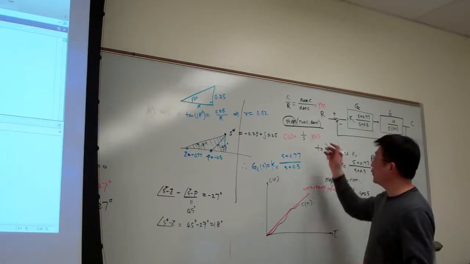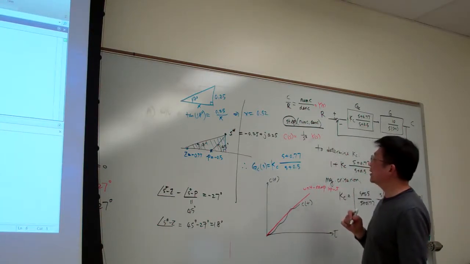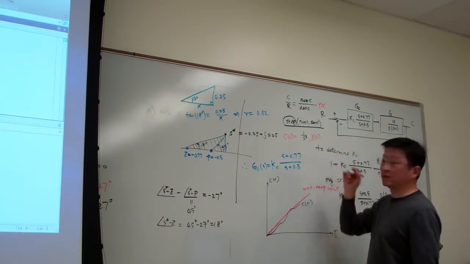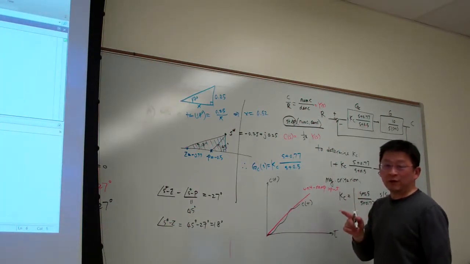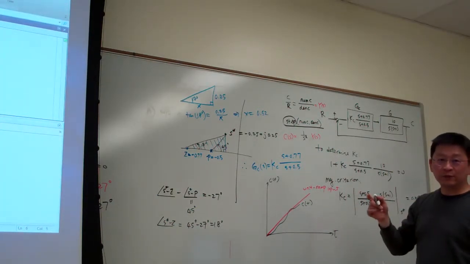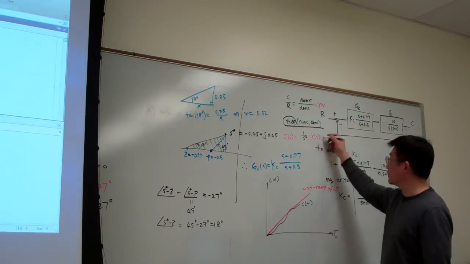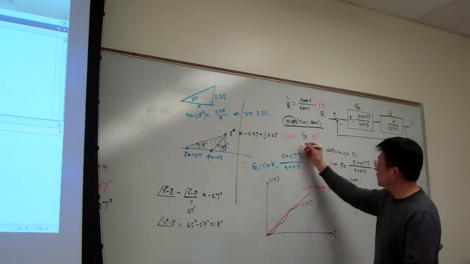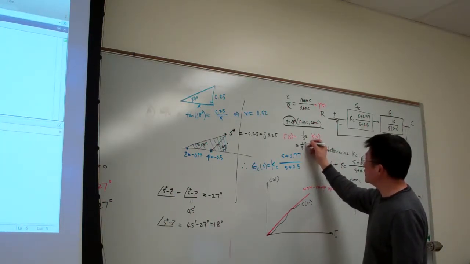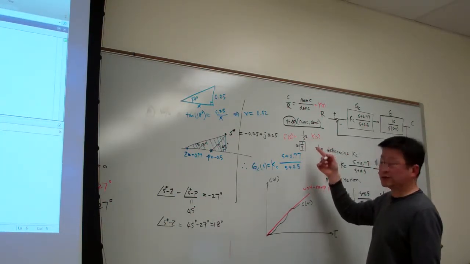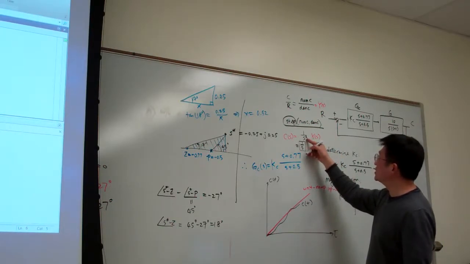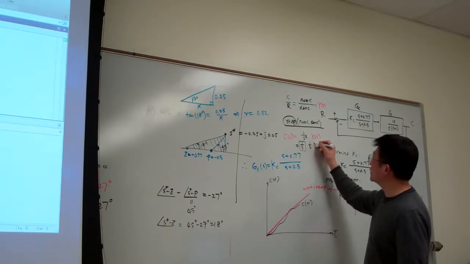For the unit ramp input, the unit ramp is 1 over S squared, right? If we want to still utilize the step input command, then you need to revise your system this way. You take this template for the unit step input, which is simply 1 over S, then you move another 1 over S into here.